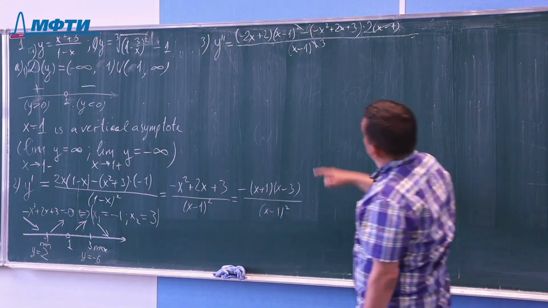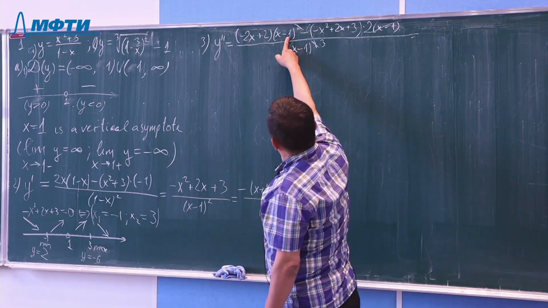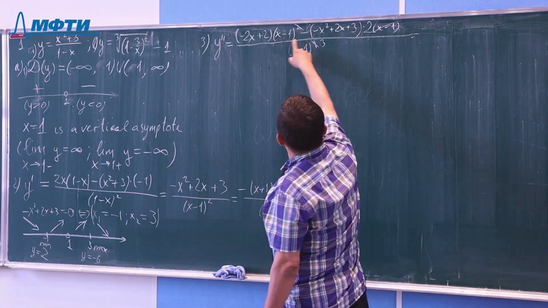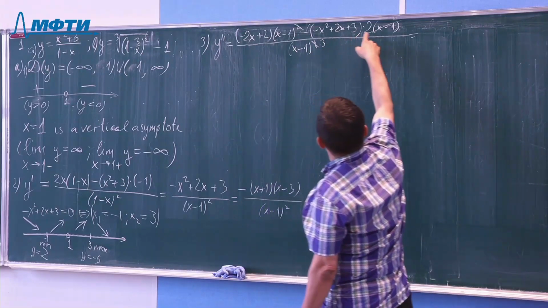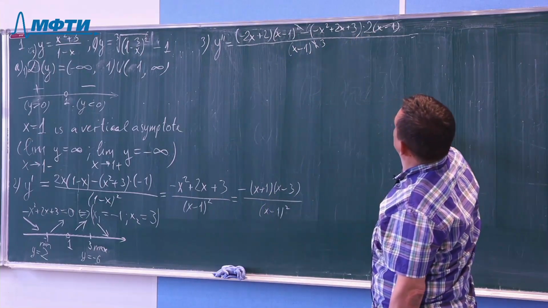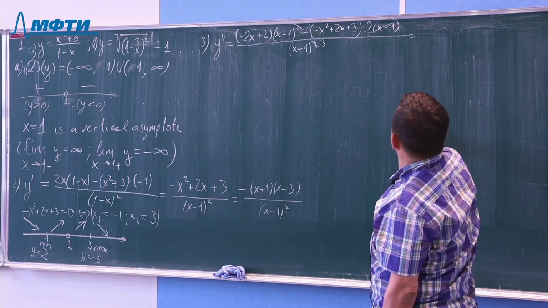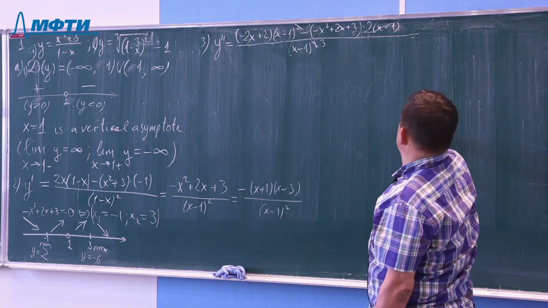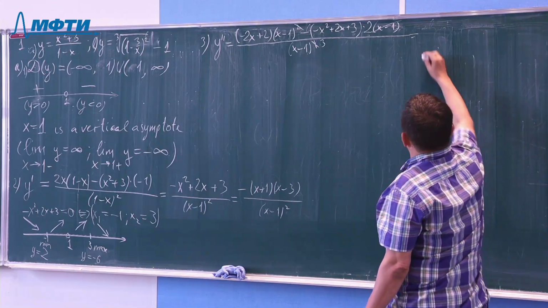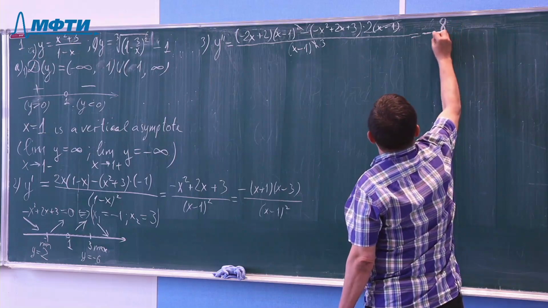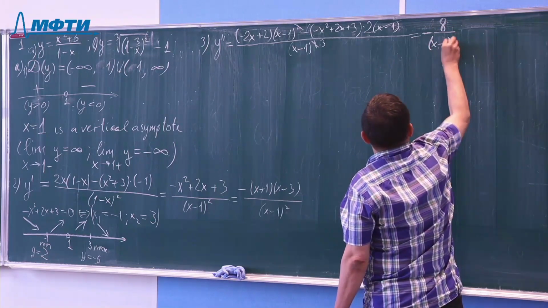And then the term without x: minus 2 from here, minus 6. So minus 2 minus 6, all right, so minus 8 over (x minus 1) cubed.